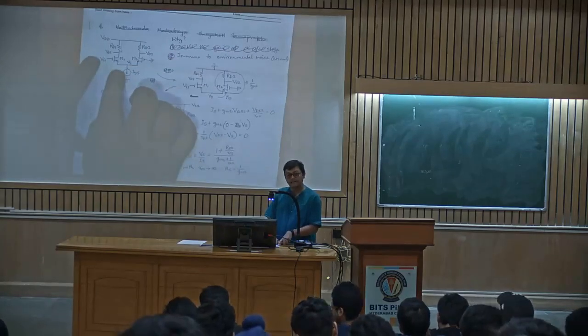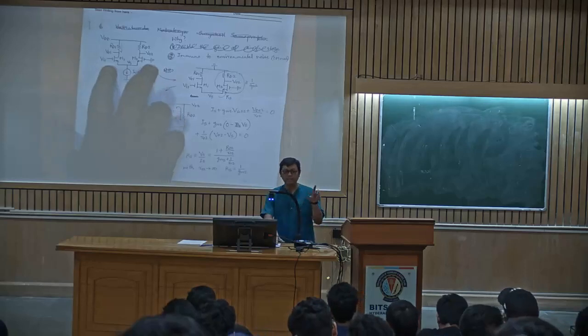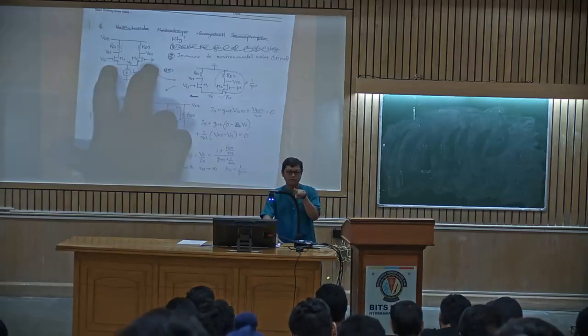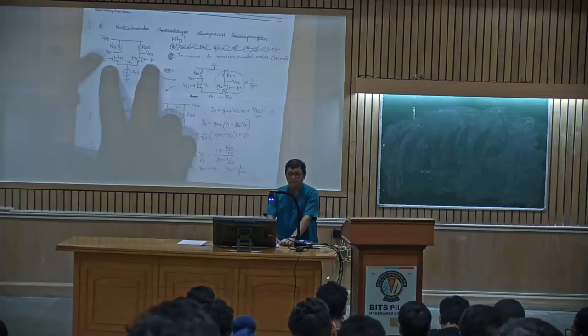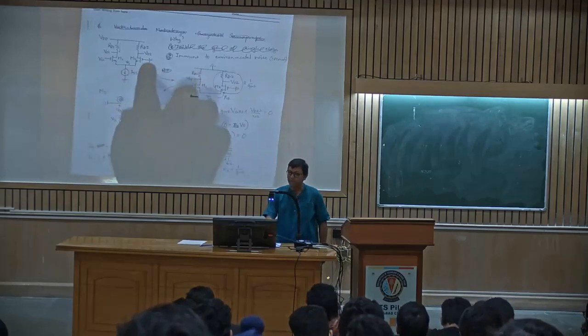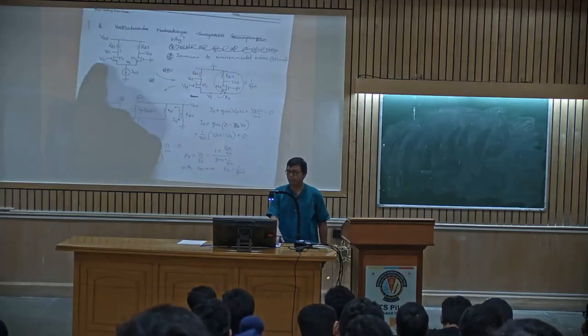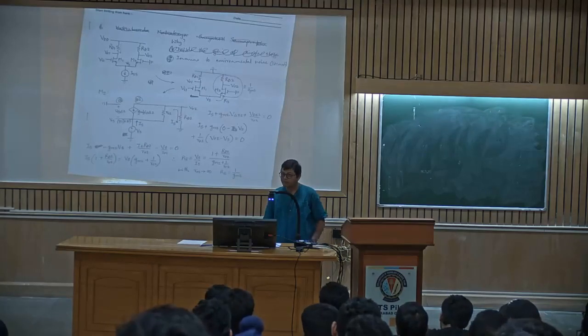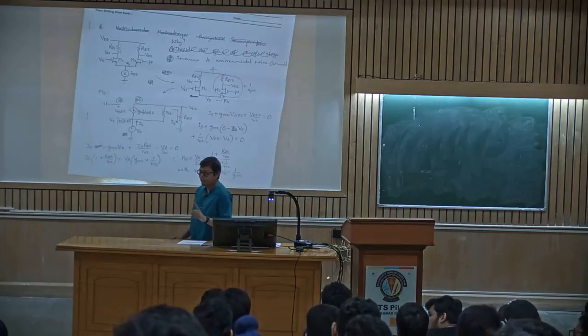In the next cycle, remember what is this VI? This is an AC signal, it goes up and down. So that means VI1 will become positive one half cycle, negative on the other half cycle. When it becomes negative, this will become positive, this one will become 0 or negative. We will see that.